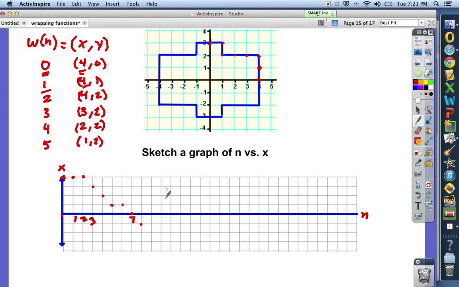Then it stays -1. Then it becomes -2, -3, -4 as we move out there. Again, these are the x values here. Once I get out to -4, for 4 units, I stay there.